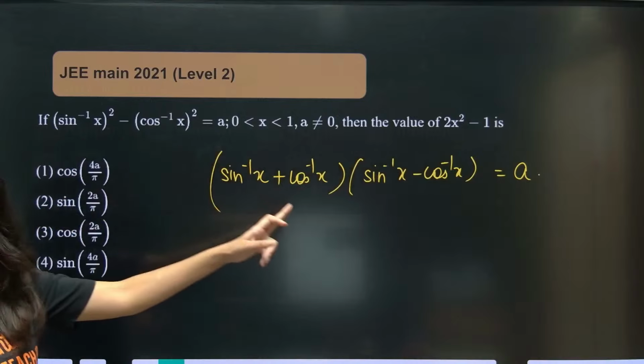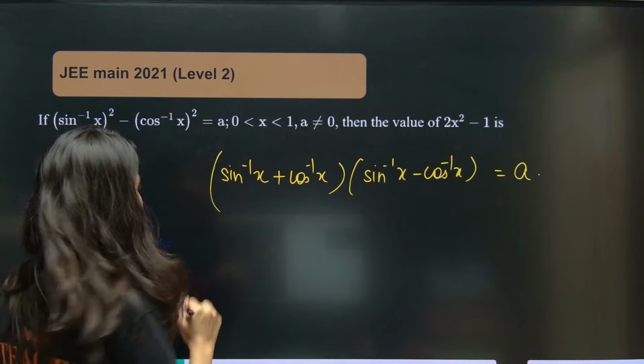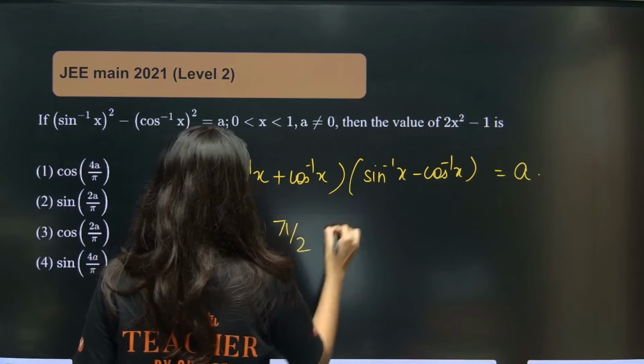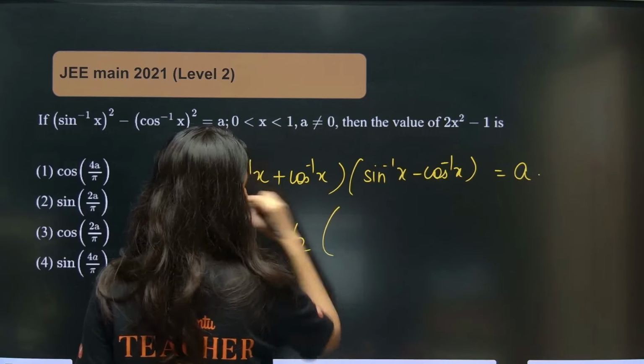So a square minus b square, apply. Okay, so this is pi by 2. This is sin inverse minus cos inverse, right?